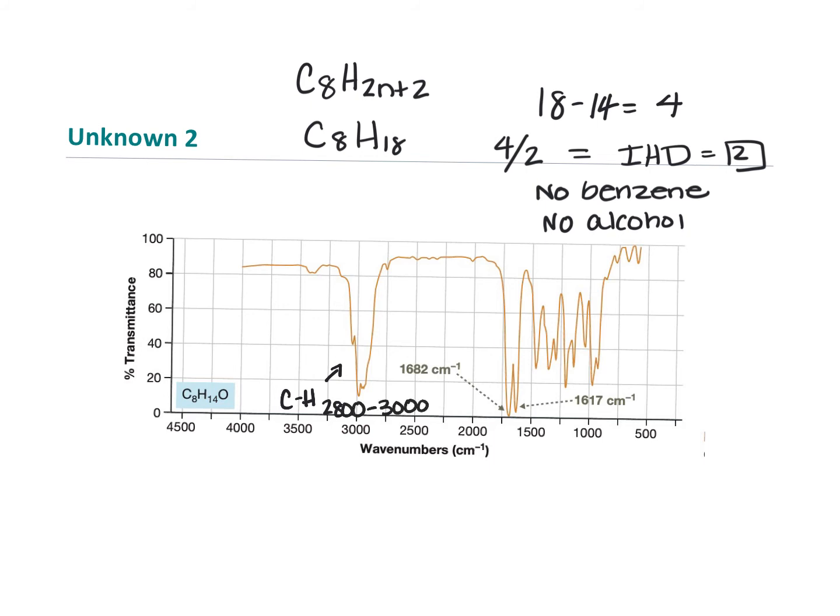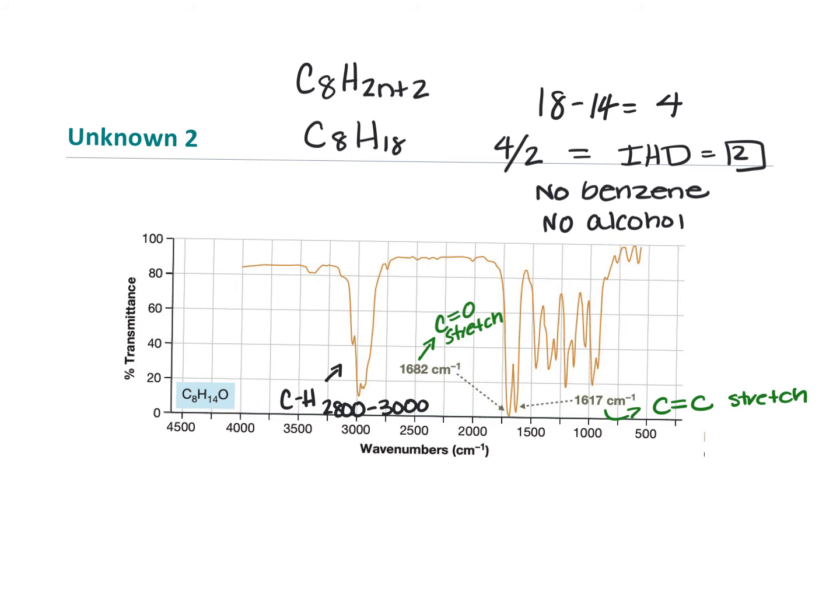And so that's that CH stretch. We are going to see that there's a beautiful arrow drawn for us, which is very helpful. At 1682, that is a C double bond O stretch. And then at 1617, that is a C double bond C stretch. Okay, and so those are the stretches that we're going to see.